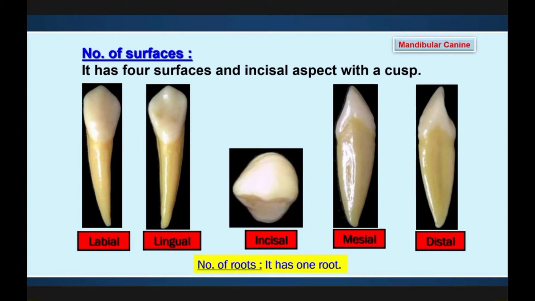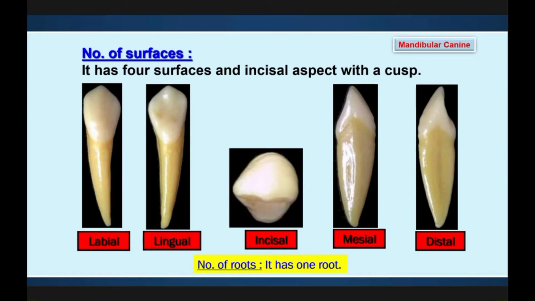But in case of upper jaw, among the two premolars, usually the first premolar is two-rooted, second premolar is one-rooted. So among 1, 2, 3, 4, 5, central incisor, lateral incisor, canine, first premolar and second premolar, among these 5 teeth, you will find only one tooth is two-rooted.